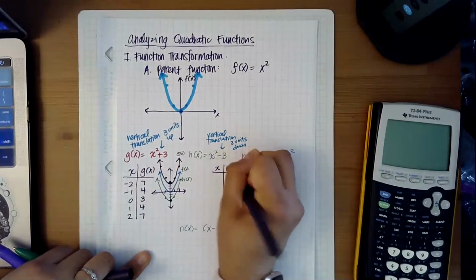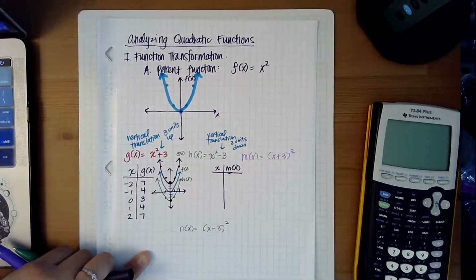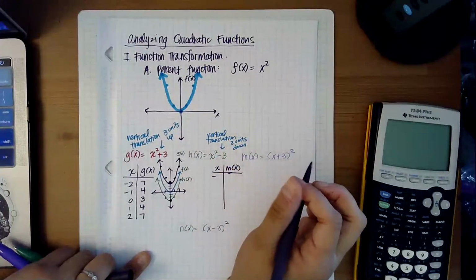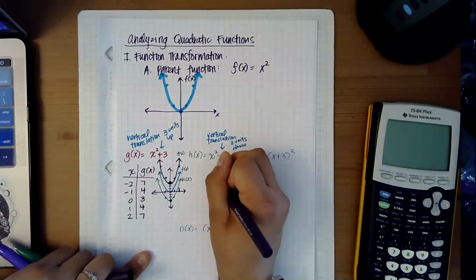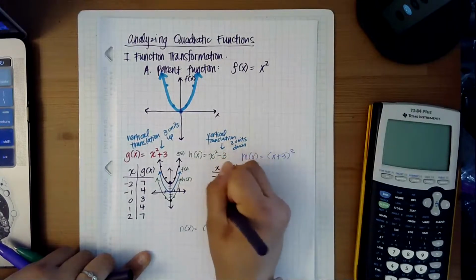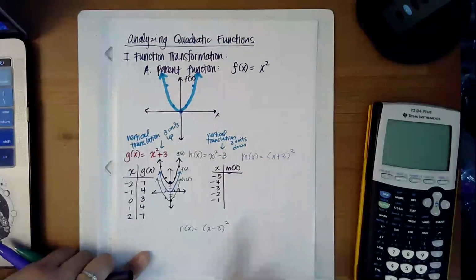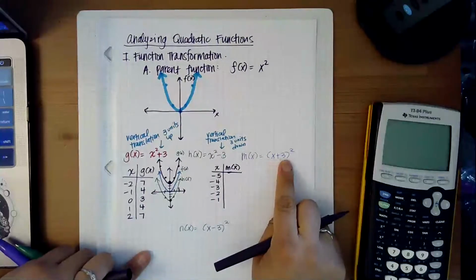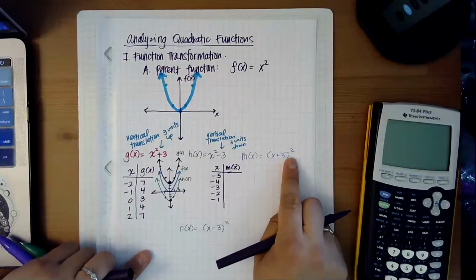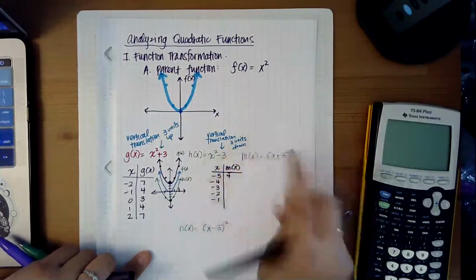So let's see. I'm going to go negative 5, negative 4, negative 3, negative 2, negative 1. So let's see. Negative 5 plus 3 gives me negative 2. Negative 2 squared is 4.